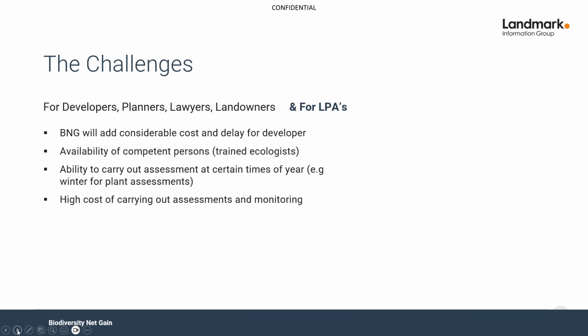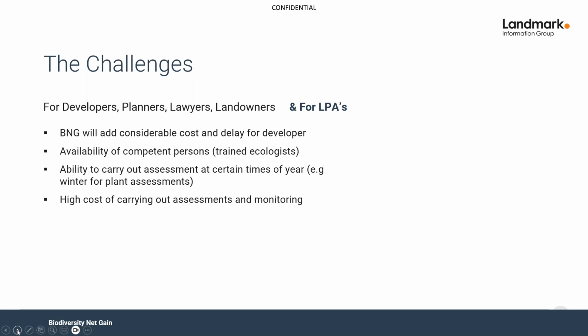And there is an issue as to how we'll support the planning system. There's also an issue of seasonality, and I won't say much about that because I'm sure other people will talk about it. But really, rather less than half the year is available to do effective on-site assessment. And therefore, it could lead to bunching of applications unless we find some solutions.